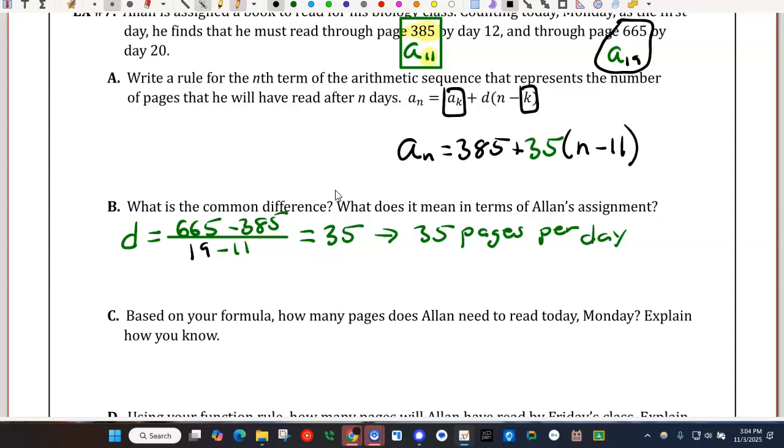So based on how many pages Alan needs to read today, the first day, well, we already know it's 35 pages.